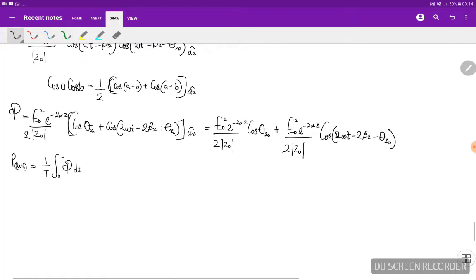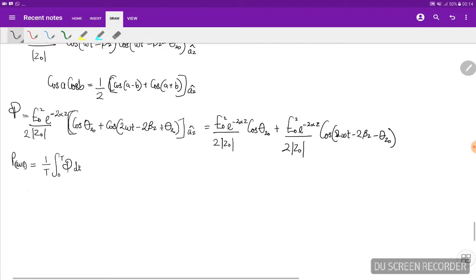Now, integration of cos will give us sine. But then, we're only considering the real part, and sine is of the imaginary part. So anything that has to do with sine will always be removed.